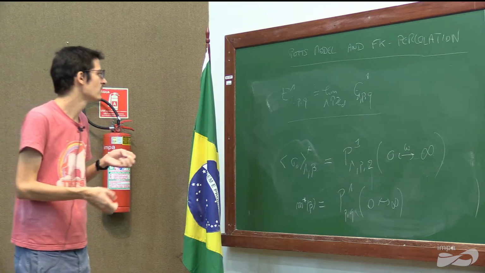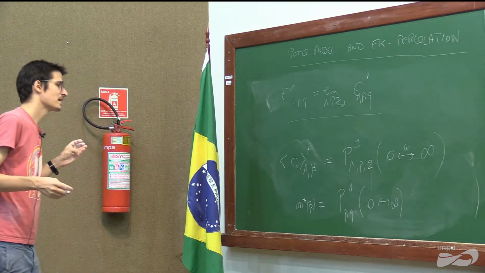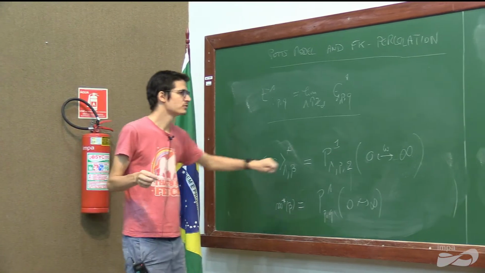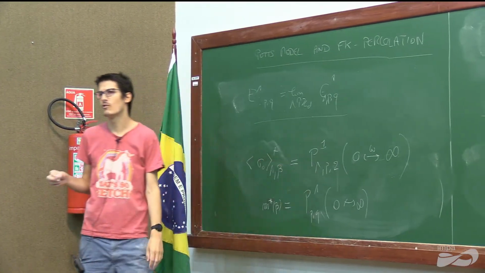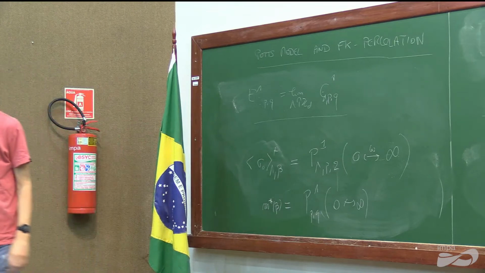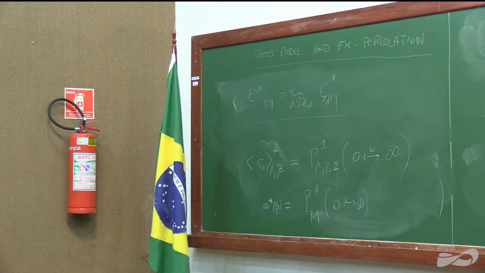Okay, because, for instance, if you want to show that P1 doesn't percolate for small p, so this is showing that m star of beta is equal to 0 for small beta, then you can just compare to standard percolation. In FK percolation, you have fewer edges than standard percolation, so you have this result for free.